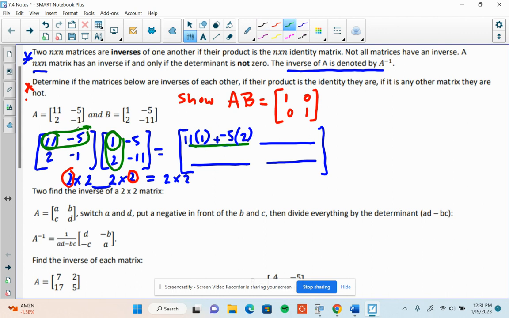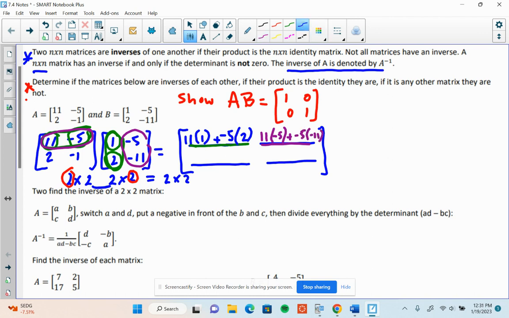So we go across the row, down the column. I'll do the next one a little faster because we should already know matrix multiplication. Now I am in row 1, column 2, so I use row 1 and column 2. I'm going to do 11 times -5 plus -5 times -11.